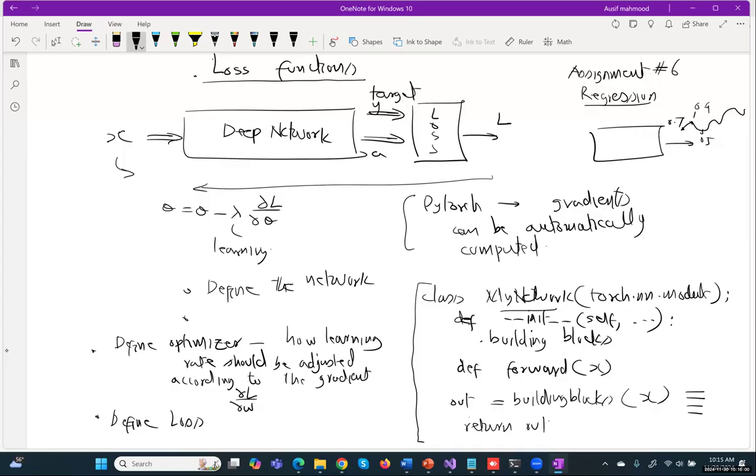So the loss function that we typically use for regression type of problems, either we use mean squared error, which we abbreviate as MSE, or the second loss is MAE, which is the abbreviation for mean absolute error.